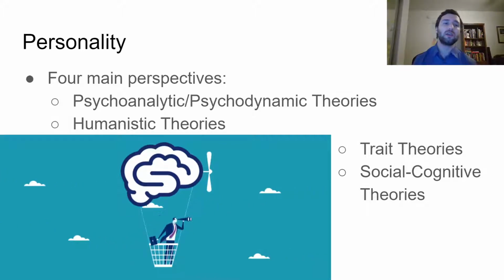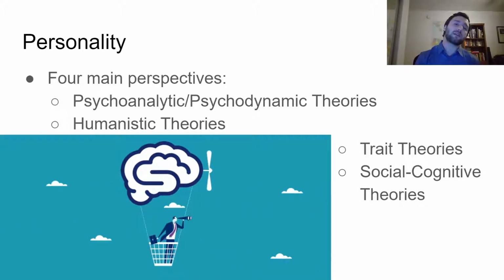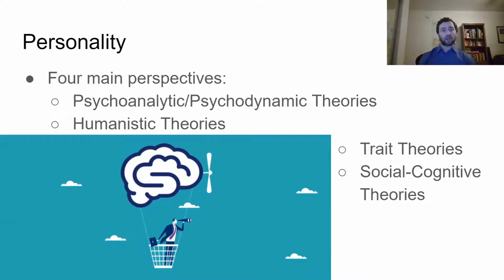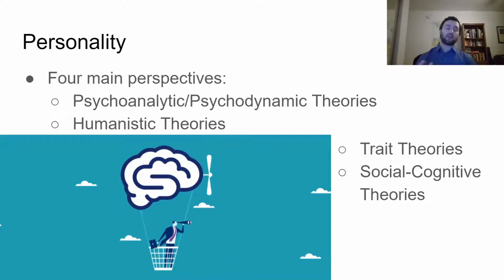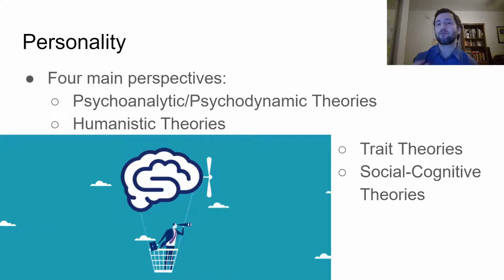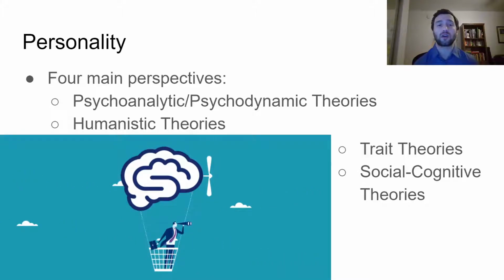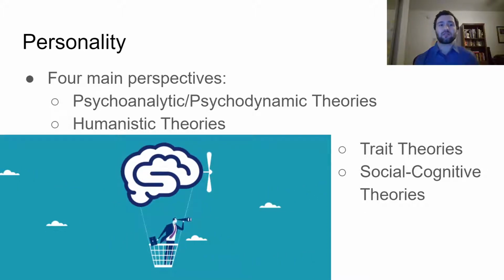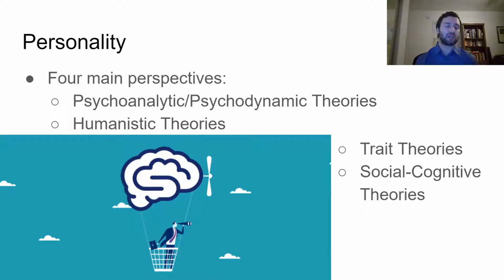Now, in psychology, there are at least 4 perspectives that we're going to look at personality. Obviously, there can be more than this, but these are the 4 main ones. The first one that we are going to be talking about today is the psychoanalytic or psychodynamic theories. This is technically 2 slightly different groups, but realistically, we're going to mush it together.